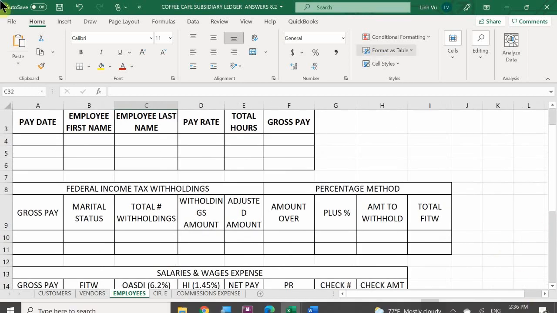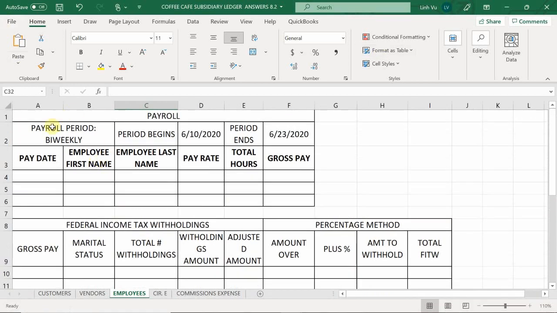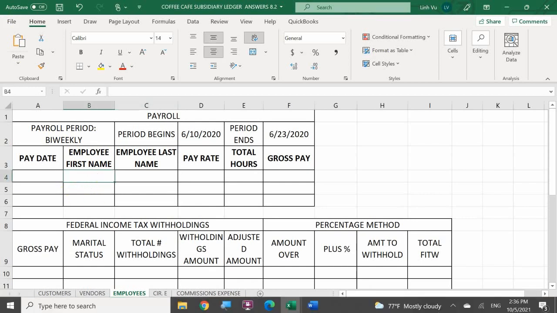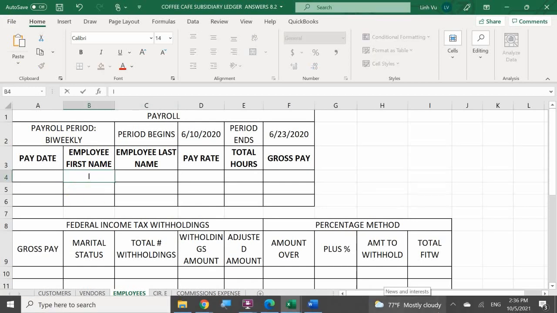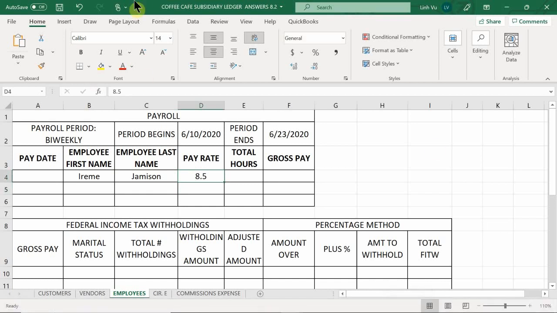Who is going to be the person? What's the employee's first name? Irene. What's her last name? Jameson. How much is her pay rate? $8.50 an hour.